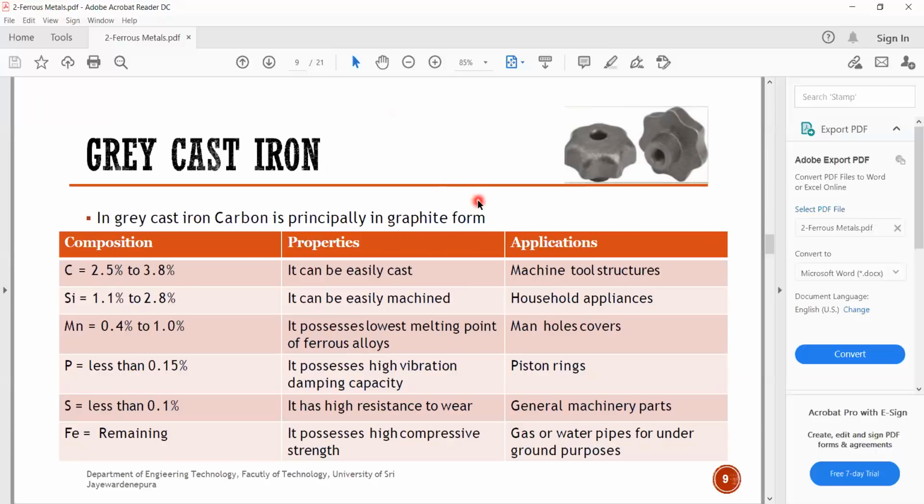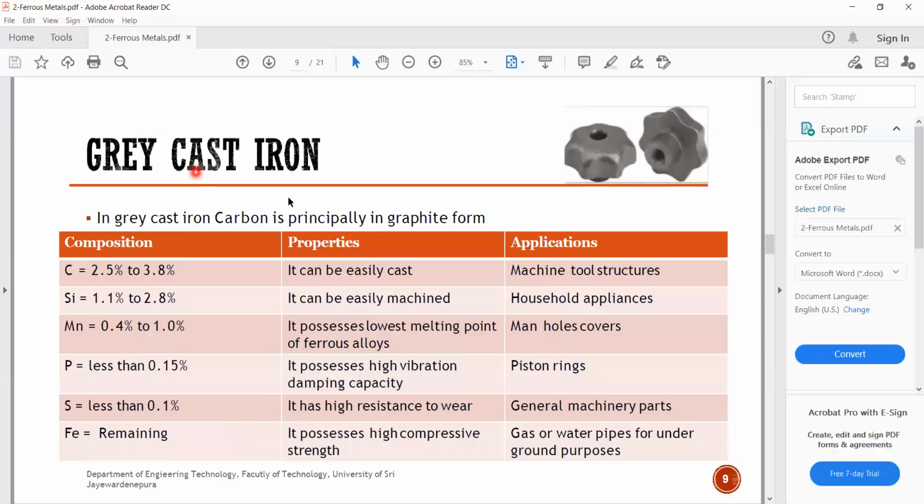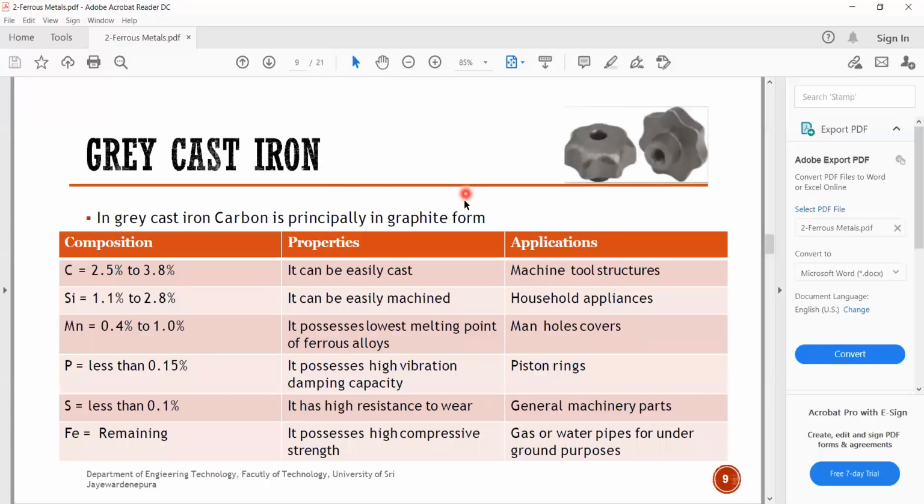So grey cast iron is one type of cast iron. In grey cast iron, carbon is principally in the graphite form, because we just discussed that cast iron can be in the graphite form or the cementite form, but grey cast iron is in the graphite form, right?